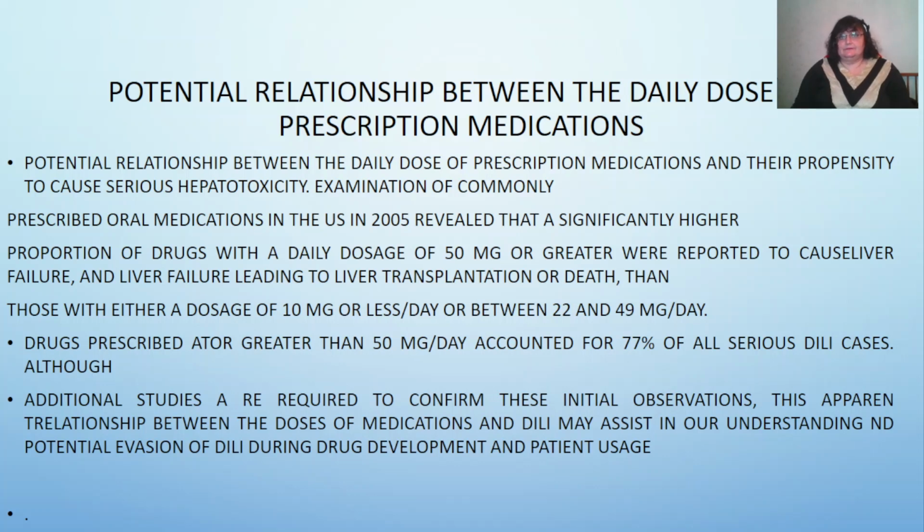You see that there is a potential relationship between daily dose, and drugs with dose of 50 mg or greater were reported to cause liver failure. Drugs prescribed at or greater than 50 mg per day accounted for 77% of all serious drug-induced liver cases also.